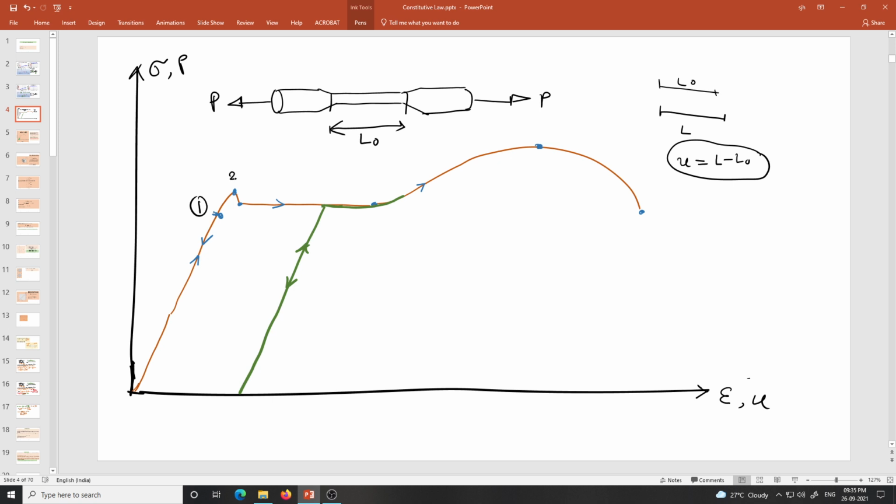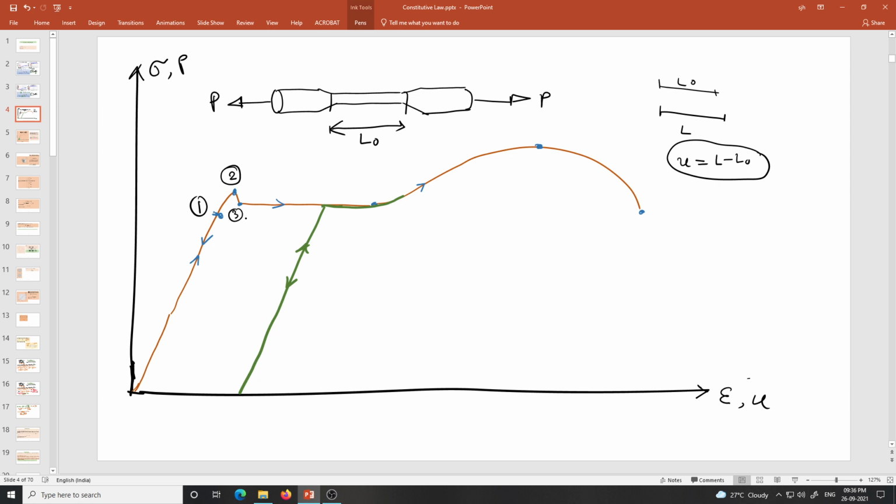Then at point 2, what is happening? From 1 to 2, it is going to follow a curved path. Then near about 2, all of a sudden, with very little or no deformation change, the force level is going to drop from 2 to 3.